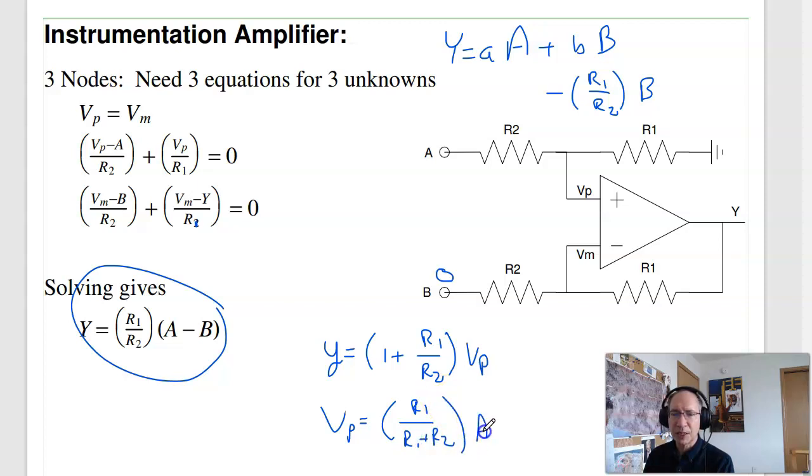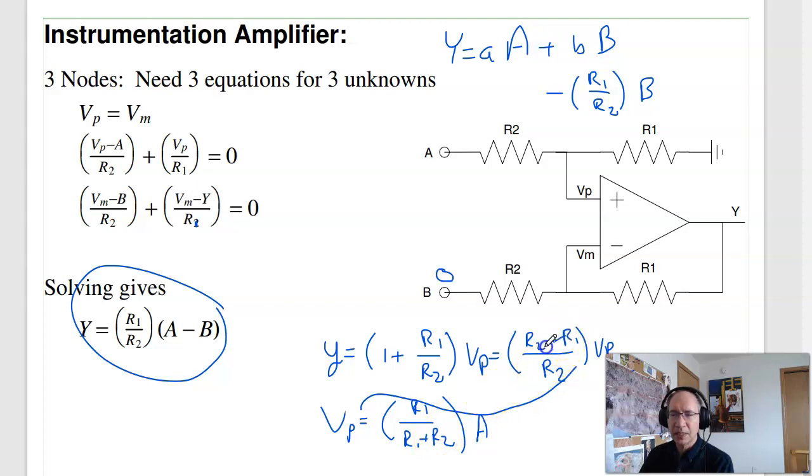If I rewrite this, that's equal to, putting over common denominator, R2 plus R1 over R2 times Vp. Substitute.